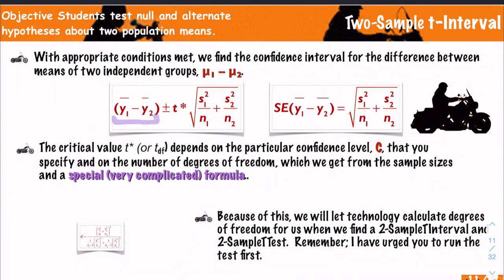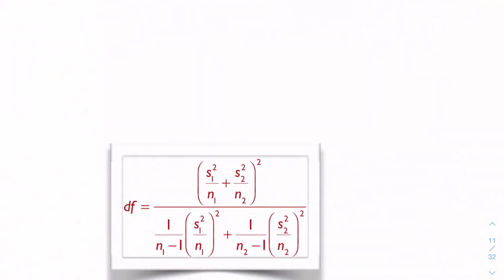So the critical value, or t with degrees of freedom, depends on a particular confidence level, C, that you specify, and on the number of degrees of freedom, which we get from the sample sizes and a special, very complicated formula. If you want, you can zoom in on these notes and you can see what this formula is. I'm not going to necessarily require you to do this.